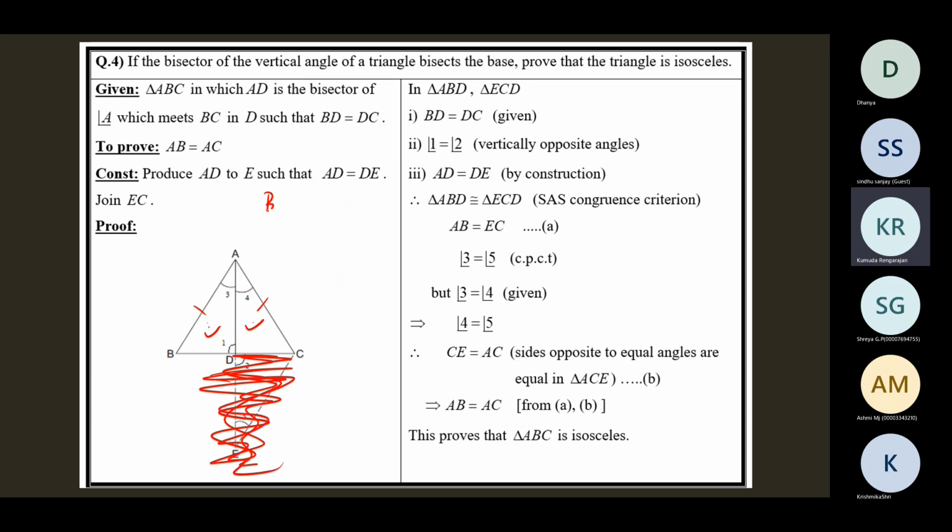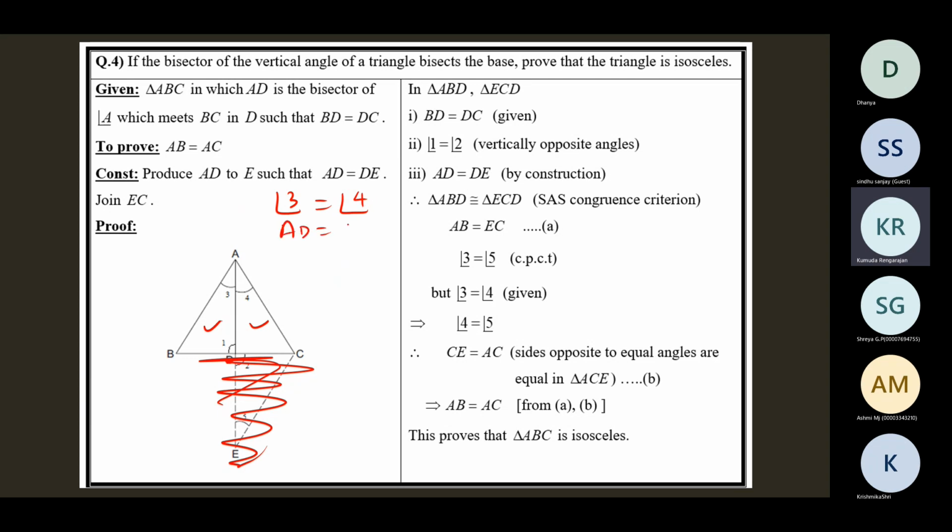So we know that BD is equal to DC. When we take up this triangle and this triangle, angle 3 of the first triangle is equal to angle 4 of the second triangle, given. AD of the first triangle is equal to AD of the second triangle, common side. BD of the first triangle is equal to CD of the second triangle, given, AD bisects BC.